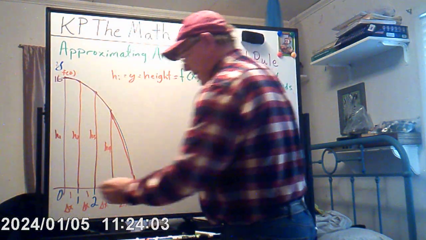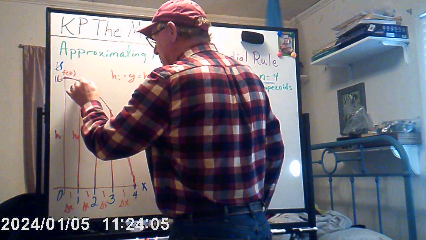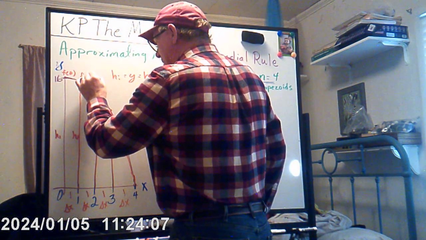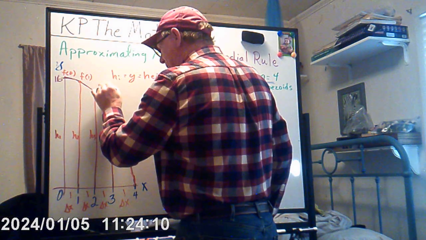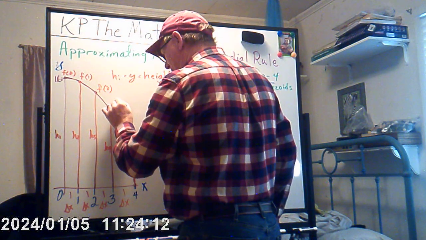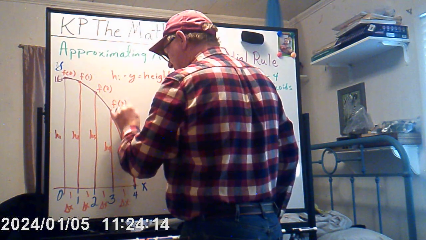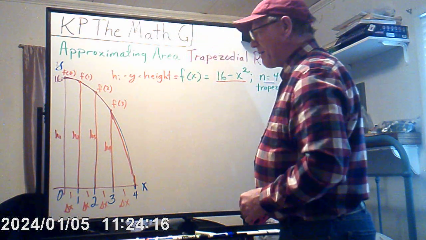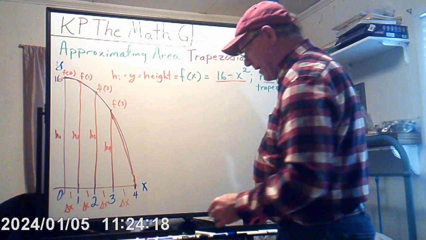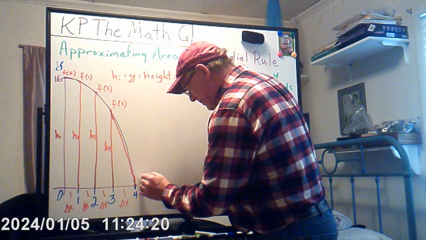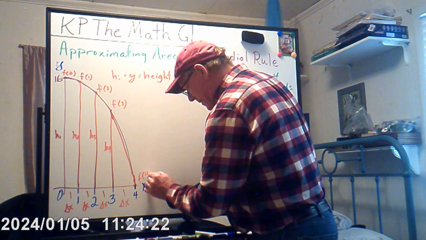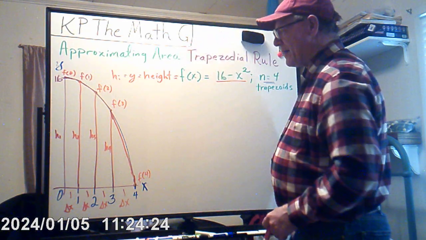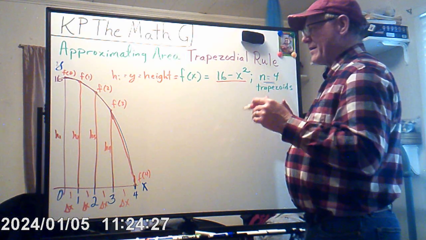This is L fat 1. L fat 2. L fat 3. And not sure if we need an L fat 4, but if we do, it'll be down here. L fat 4. Alright, so here's what we're going to do.